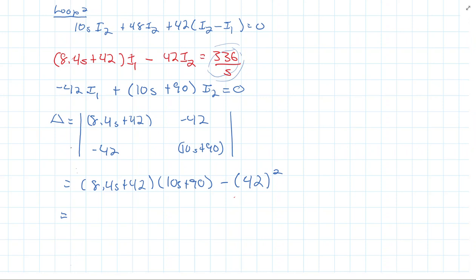Alright, so then what do we have here? Well, if my math doesn't fail me, which we always have to double check, right? 84 s squared plus 90 times 8.4, 90 times 8. My calculator, I punched something wrong.